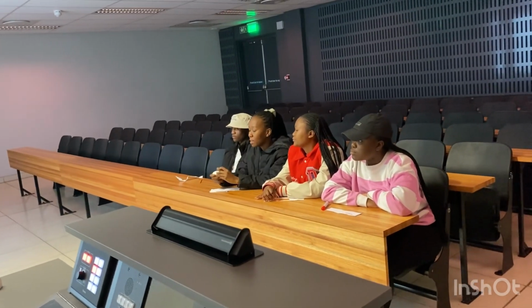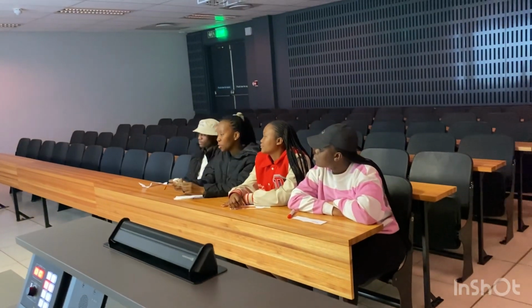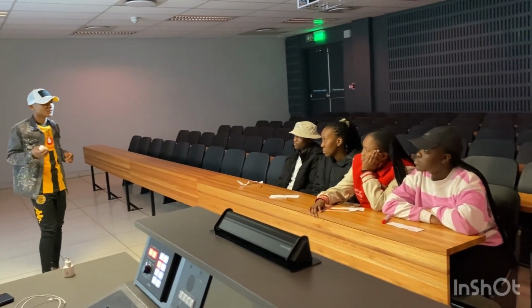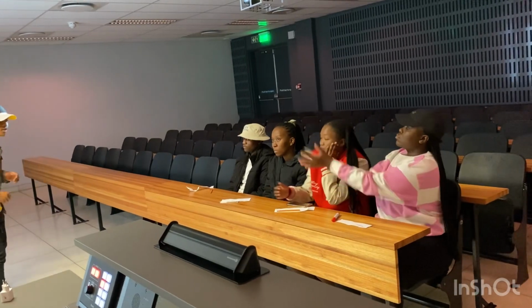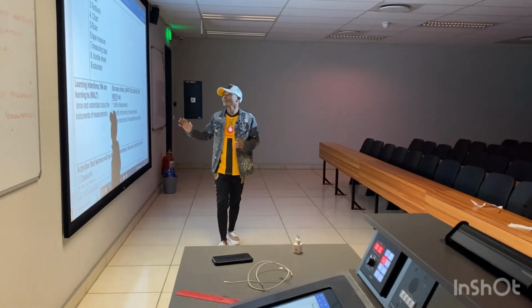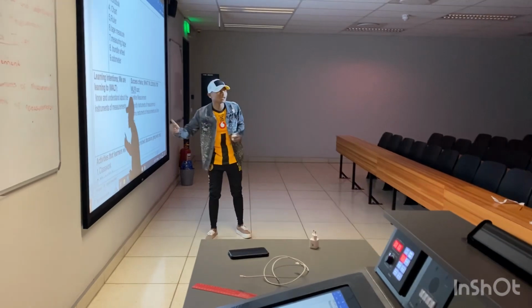We use instruments of measurement to measure small objects and large objects. Another one. We also use instruments of measurement to measure distance. So now we can see we achieved our learning intention, right?